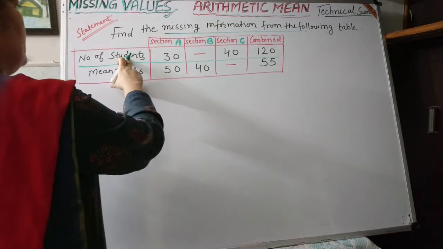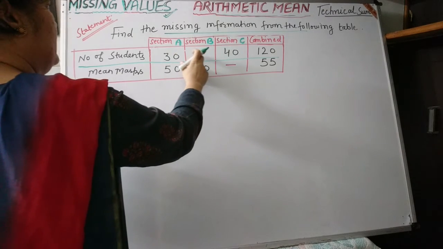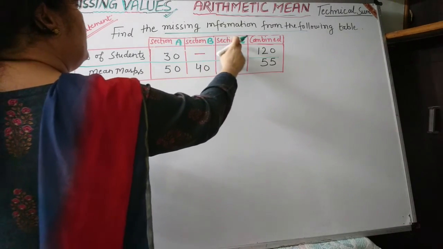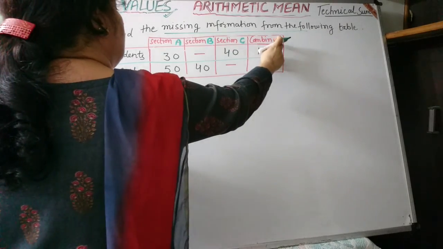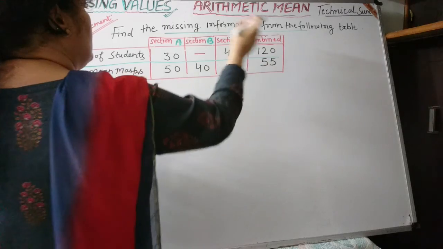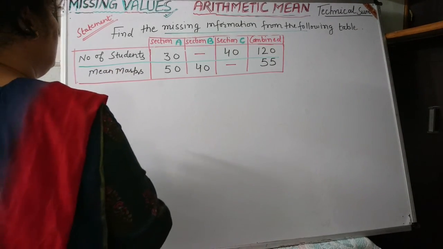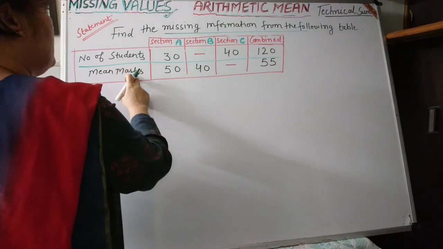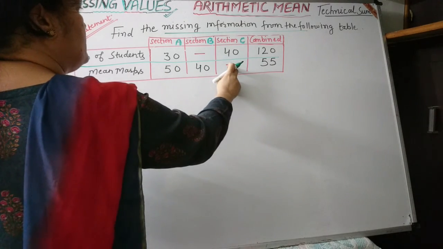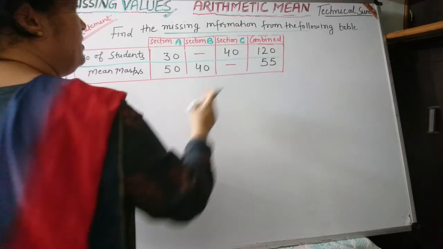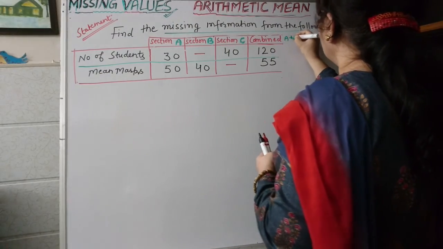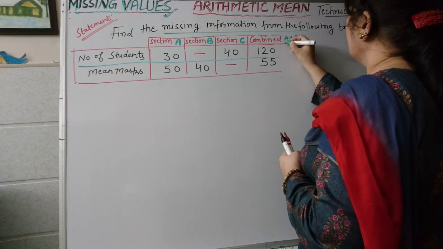The number of students of section A, section B, section C, and combined A plus B plus C is given. Then mean marks are given: section A mean marks are given, section B and section C mean marks are missing, and the combined mean marks of section A plus B plus C are given.